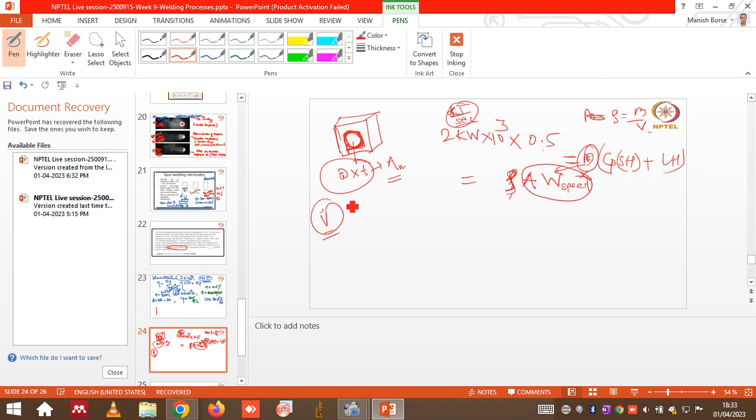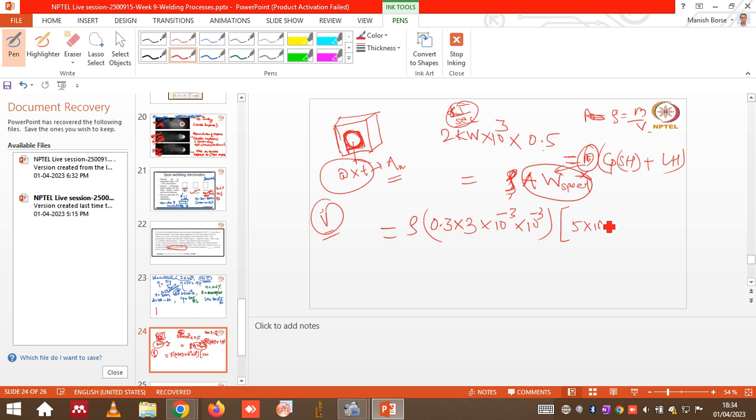In other words, we can write rho times area, which is 0.3 multiplied by the thickness of the plate, multiplied by 10 raised to minus 3 and 10 raised to minus 3, right? And the Cp of the material they already gave.